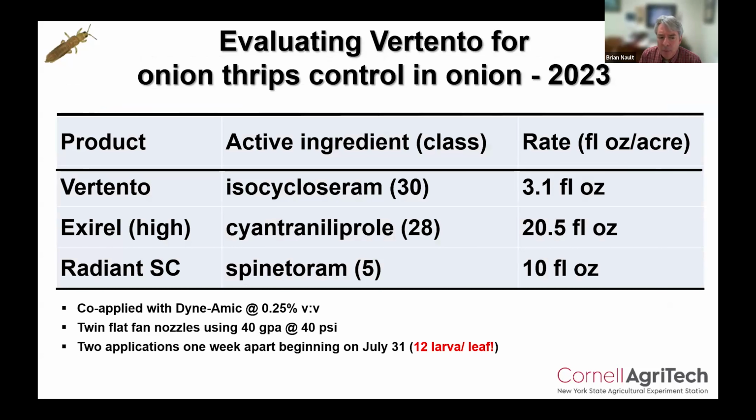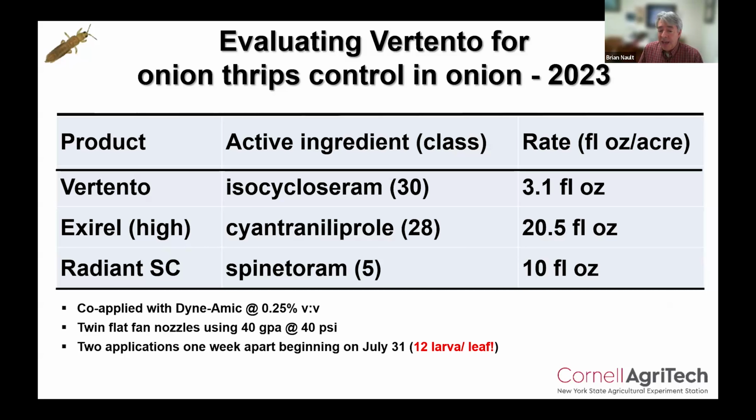I've worked with this product for a long time, long before it got the name Vertento and long before it got the name Plinazolin Technology. But I'm going to show you a few data sets, starting with one in 2023. It's always important to know what product you can use when you have a runaway train or a tsunami of thrips, and you need to get that population back under control.